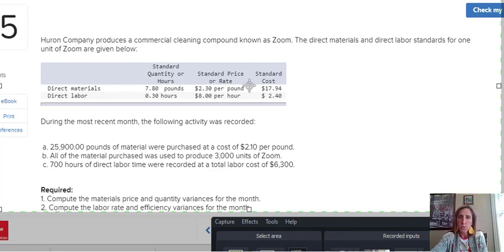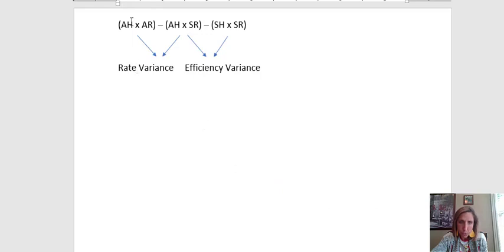The formula starts with your actuals. That's an easy way to remember it. A is the first letter in the alphabet. So your actual hours were 700, and the cost of the actual hours times the per hour rate equaled 6,300. So this is an example where they didn't give you the actual rate per hour.